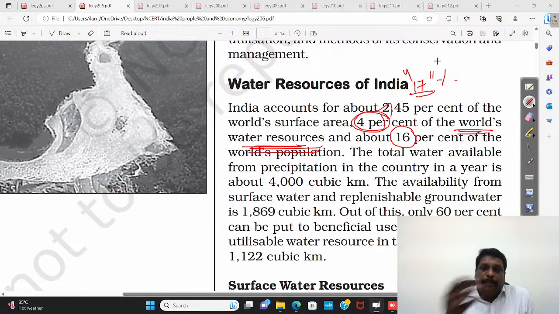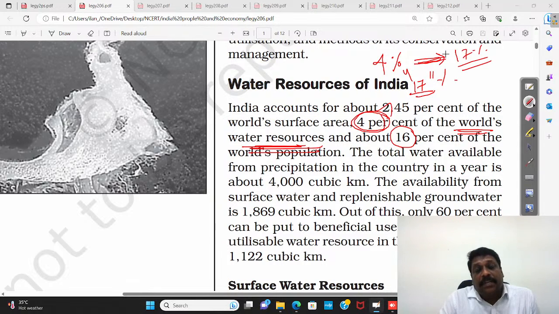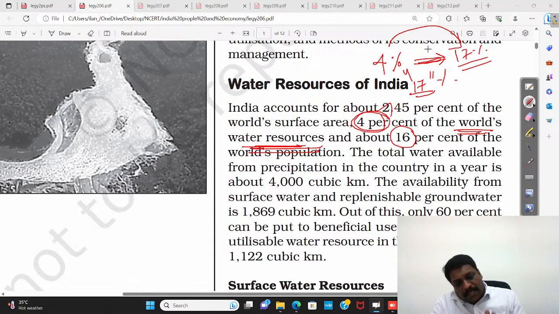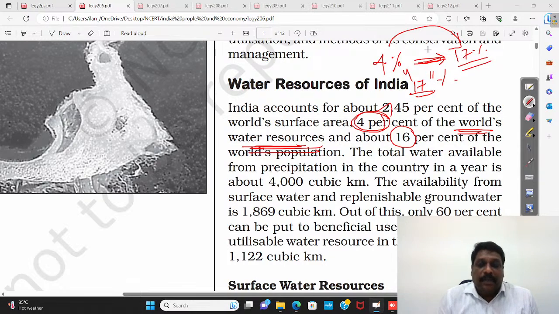See the imbalance. 4% of the availability of water, but it has to serve 17% of the population. So there is a gross mismatch between the availability of fresh water and the population it can serve.